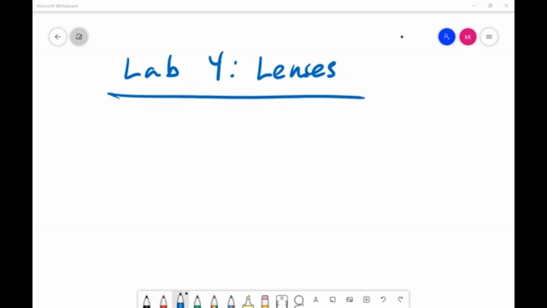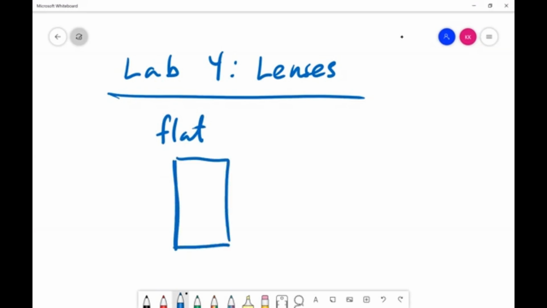Generally, when you're talking about lenses, there are two major types, a flat lens, maybe something like a block where the light can go through. But this is not something we're considering. We're going to consider a curved lens, and there are two types of curved lenses.